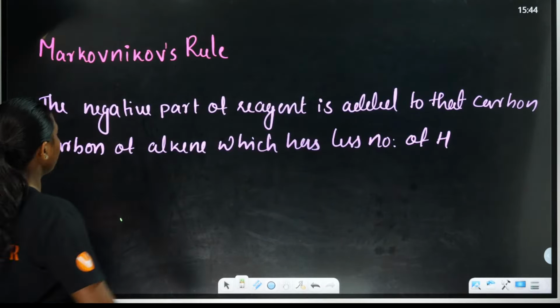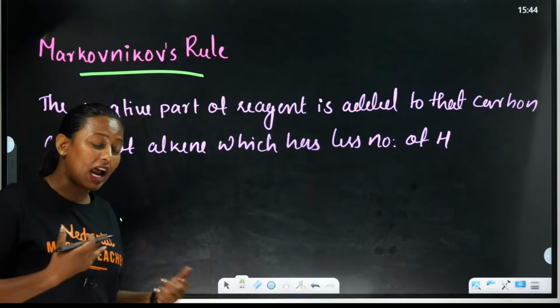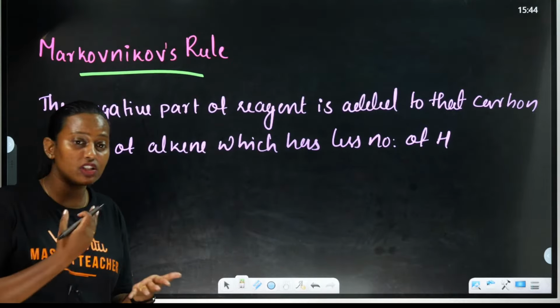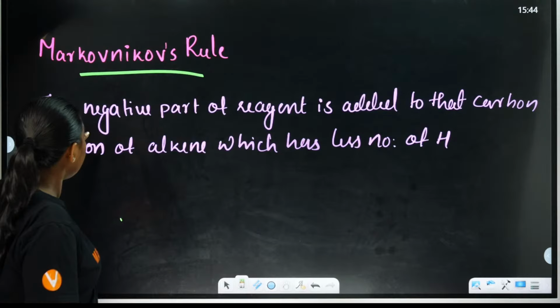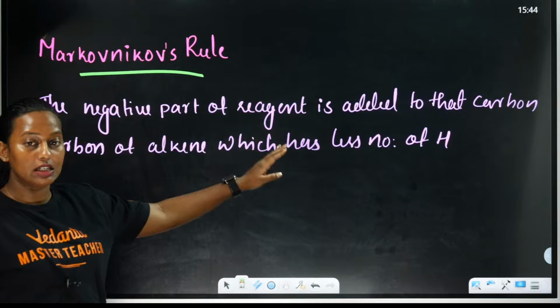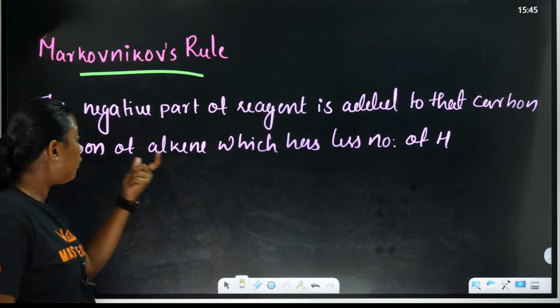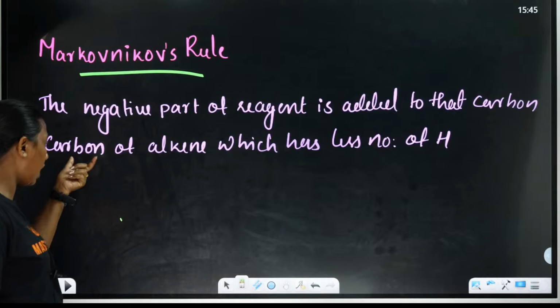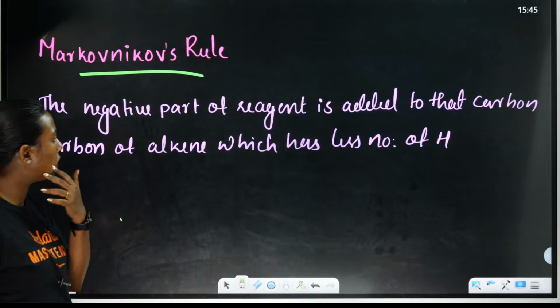Next concept. We know Markownikov rule. If you are adding hydrogen halides, just follow Markownikov rule. What is Markownikov rule? The negative part of the reagent is added to that carbon of the alkene which has less number of hydrogens.